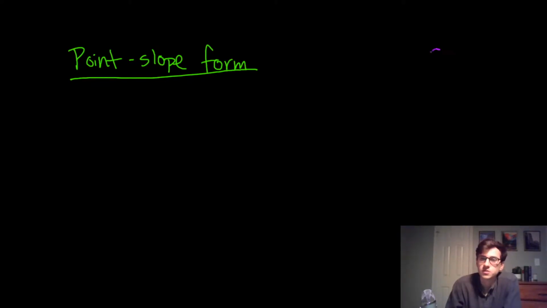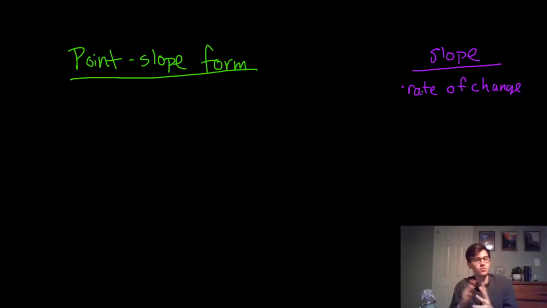So over here, I'm just going to write some things about slope. Some of you say slope is the rate of change, right? How much the line is changing as we increase or decrease in x. A lot of times students will say it's rise over run, which is a great way to think about it, right?